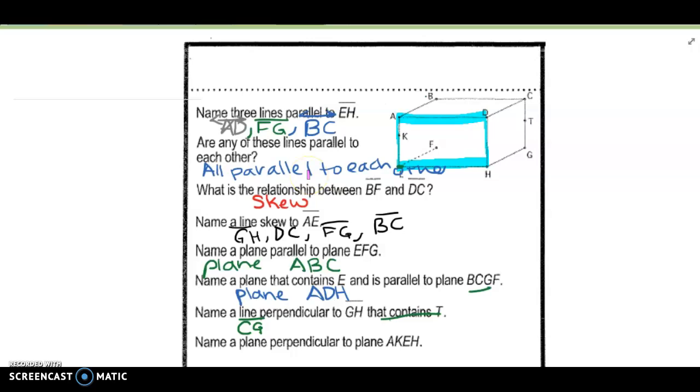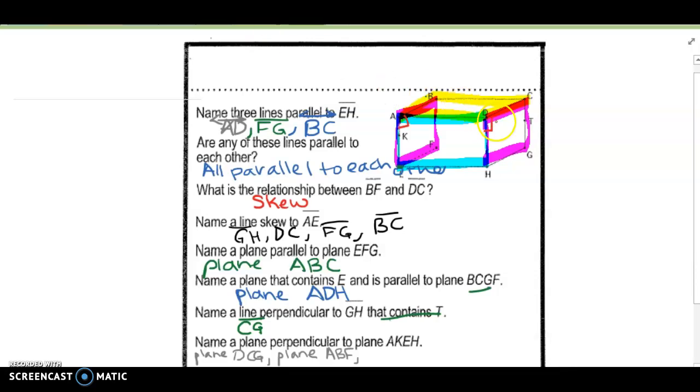All right, so it's perpendicular to it. So wouldn't this plane right here be one of them? Okay, so that would be what? Plane DCG? That would be one. Wouldn't this one right here also be perpendicular? Okay, because notice this would be a right angle, and this would be a right angle. So I could name that plane, what, ABF? What about this plane up top?